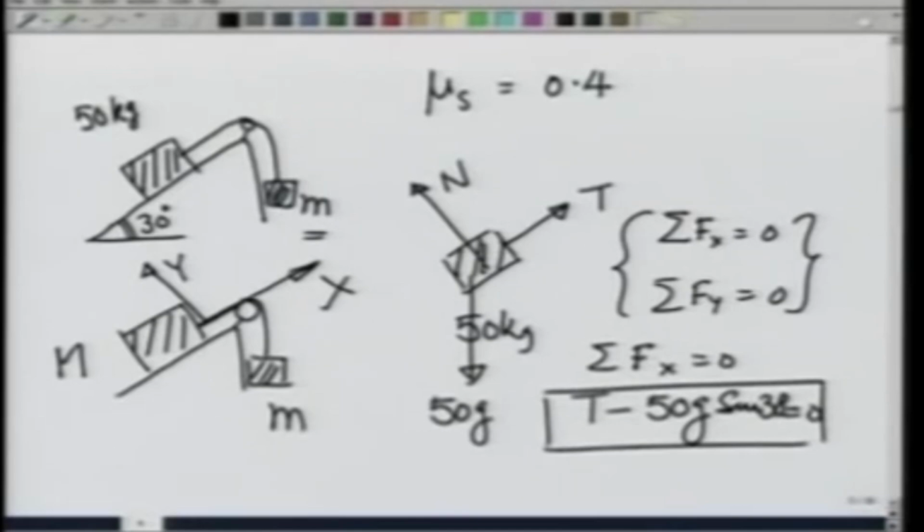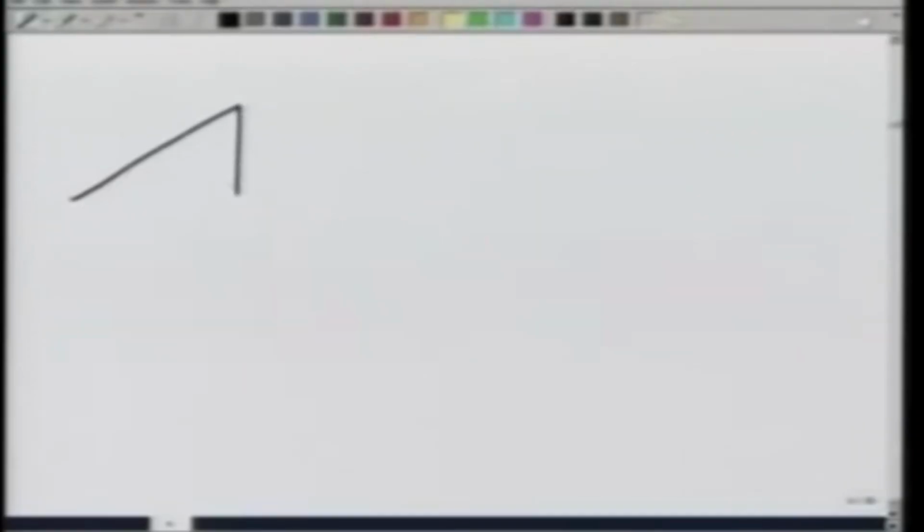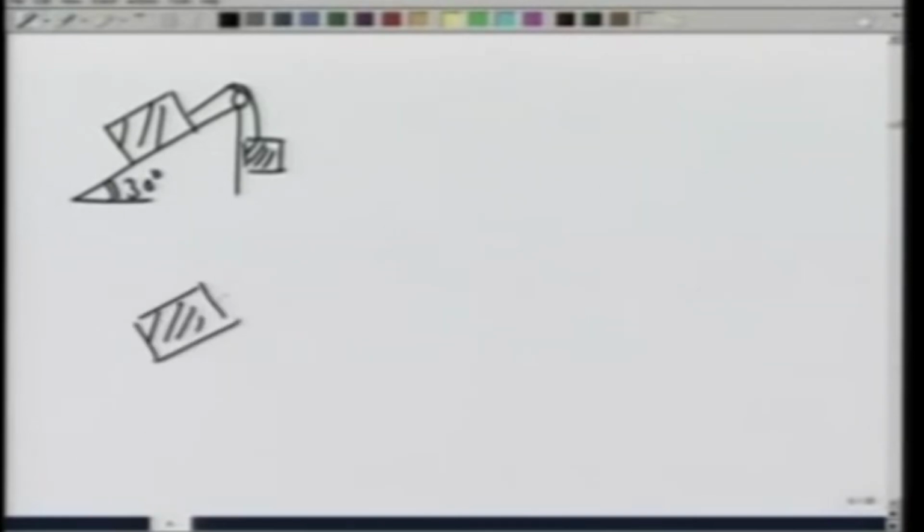Let me go over to the next page. What we are doing is having a mass of 50 kg on a ramp of 30 degrees. When I make the free body diagram of this big mass, it has the tension T, normal reaction N, and mg pulling it down. This angle is going to be 30 degrees.